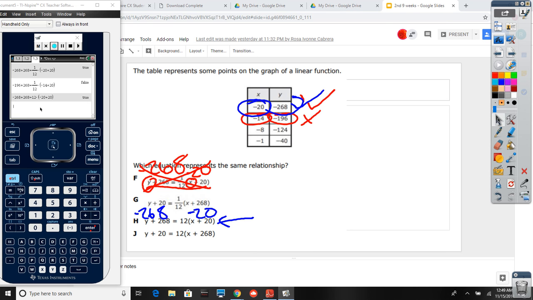Again, I don't want to retype every single thing, so I'm just gonna go ahead and highlight it, press enter so that I can bring it back down, and using my cursor, I am gonna go to that 268 and replace it with the negative 196.